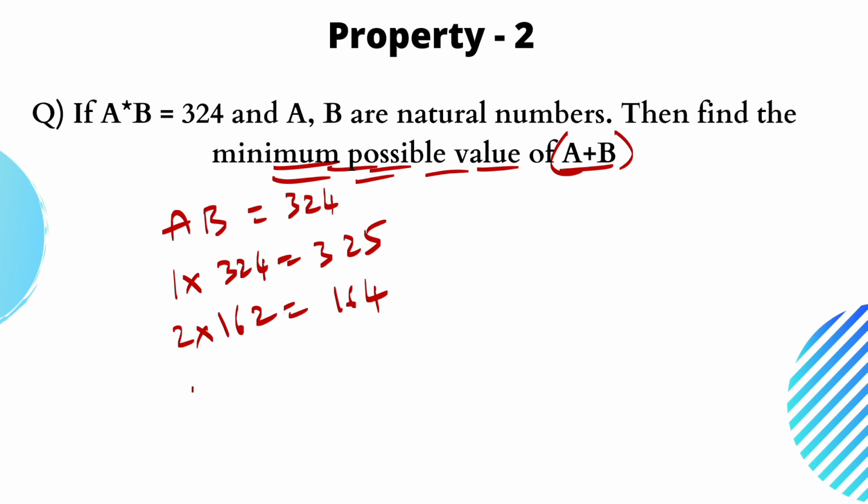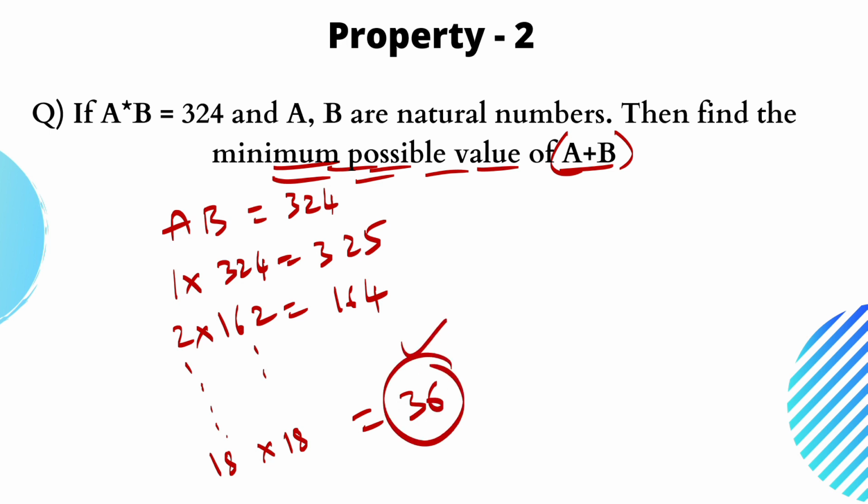So if we move on like this, at last we will get 18 into 18, which is also equal to 324. However, the sum 18 + 18 is 36, the minimum possible value. No other value is lesser than 36, hence 36 is the minimum possible value for a + b.